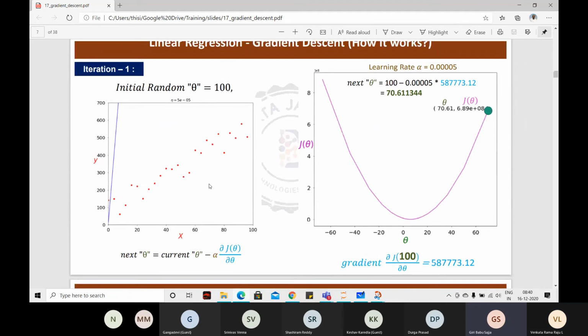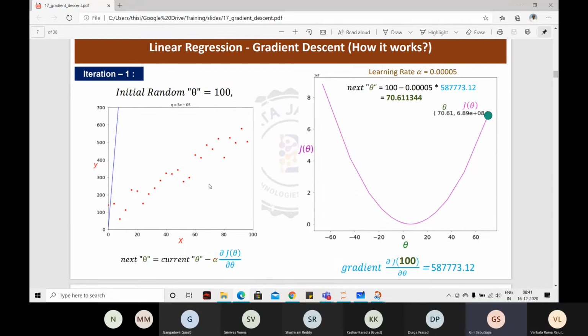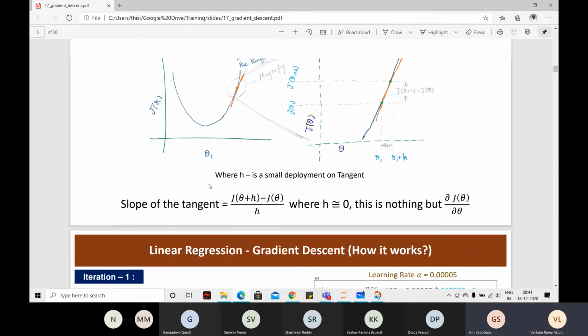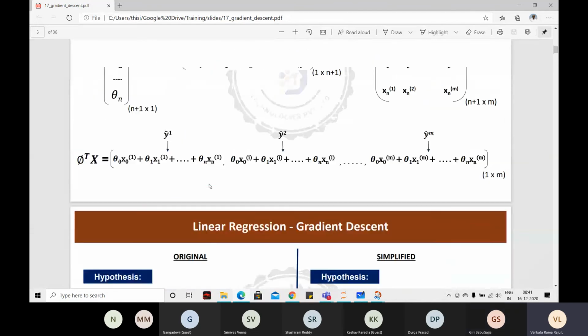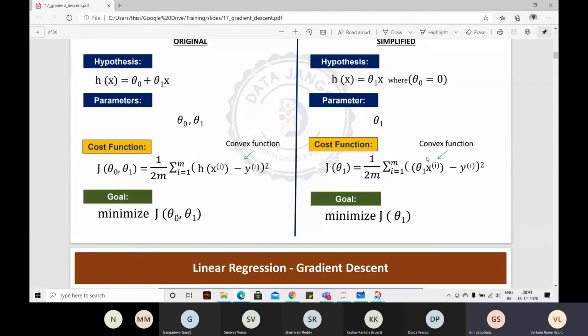So to pick the next theta, we need to know the slope. How do we find the slope? When you know the y caps of all rows, you can calculate the error. If you look at this formula, this is y cap. You can see the cost function on the screen. What is this? Theta transpose x.